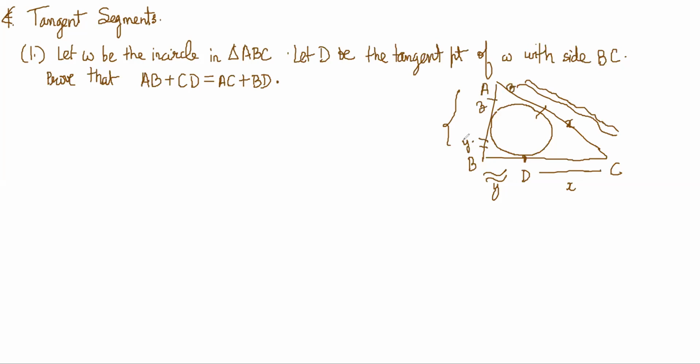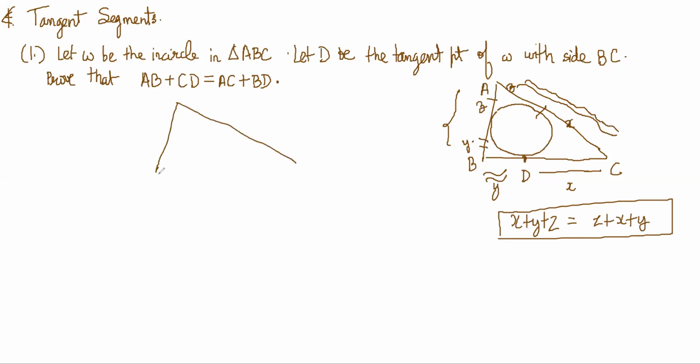AB is y plus z plus CD is x. So that whole is x plus y plus z. And this is z plus x and this is y. That is also z plus x plus y, right? Yes. So notice the pattern. The pattern is nice. The pattern is like this. There is a circle like this, A, B, C. This point is D. So you have this plus the opposite one is equal to this plus this, right?